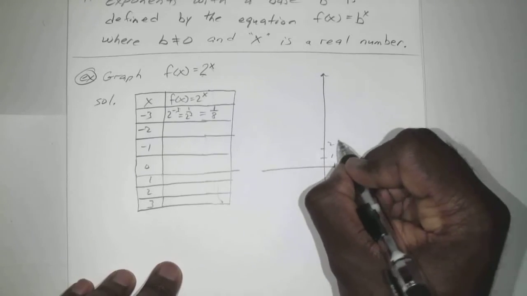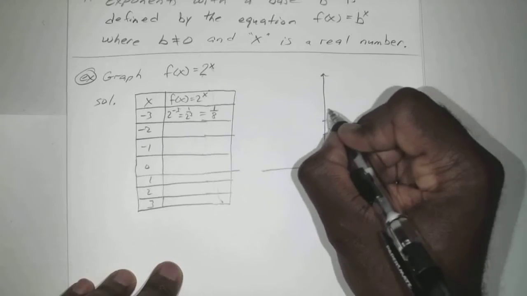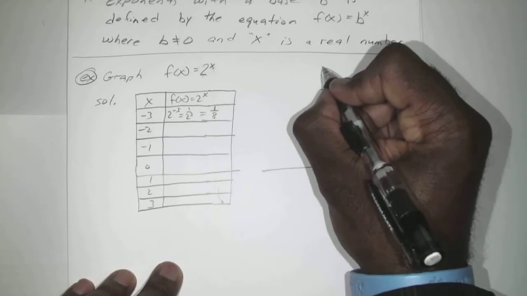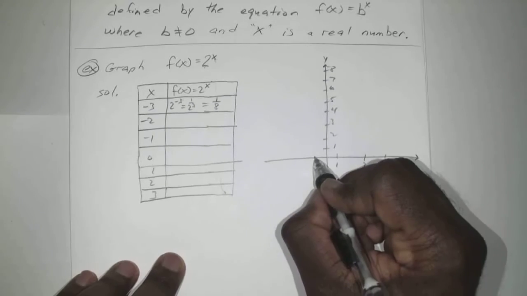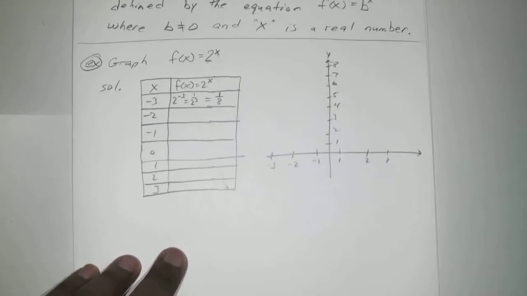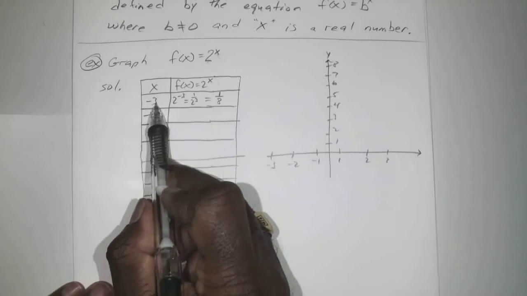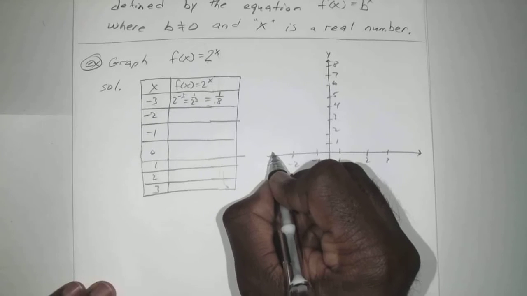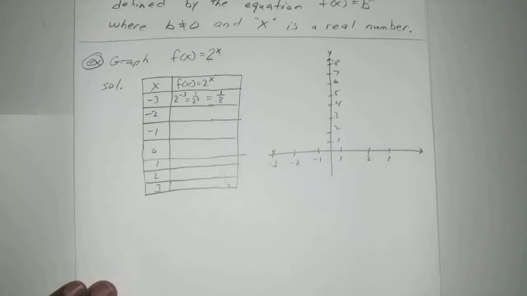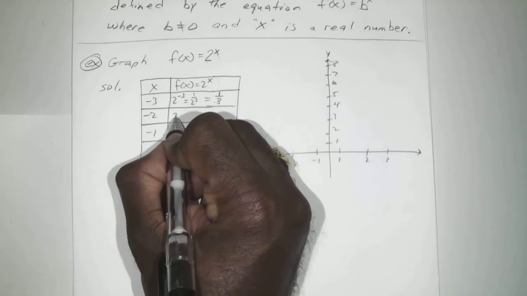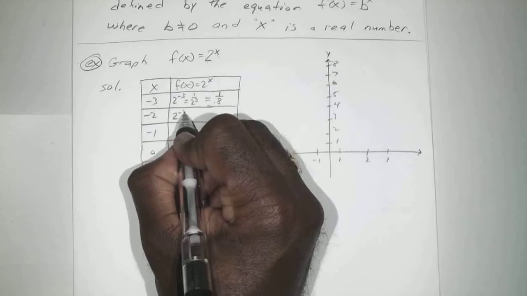Let's say 1, 2, 3, 4, 5, 6, 7, and make that 8, and -1, -2, -3. So we have the ordered pair -3, 1 over 8, which is about right there. When x is equal to -2, you have 2 to the -2 power.